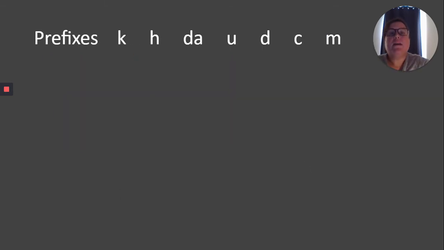Prefixes. So when we were talking about the SI unit for mass, we said it was kilogram, but we tend to only use gram. Those are the prefixes: kilo, hecto, deca, deci, centi, milli, and you should be able to convert between those prefixes. So as a review for the prefixes, K is kilo, and that means 1,000. H is hecto, and that means 100. DA is deca, 10.